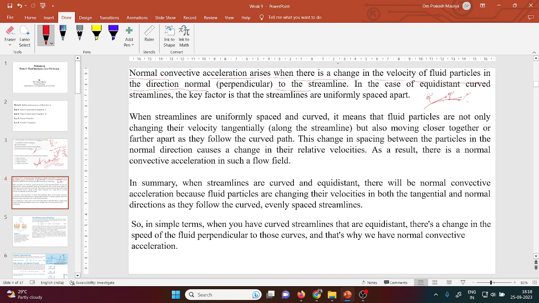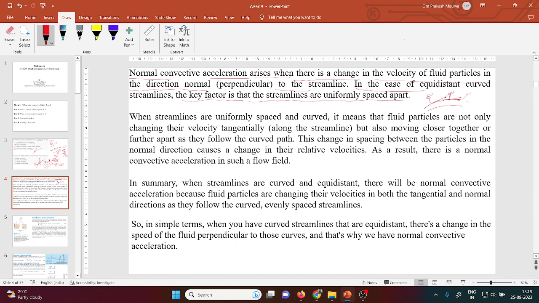In the case of equidistant, that means parallel equidistant curved streamlines, the key factor is that the streamlines are uniformly spaced apart.